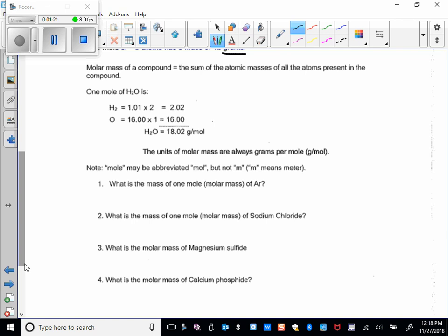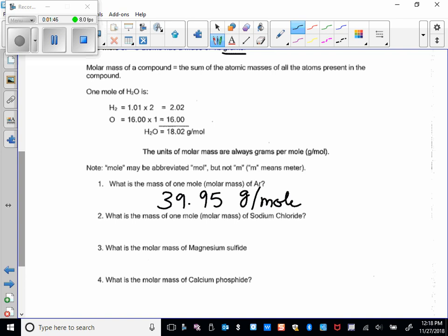So what do we do? We go to the periodic table. What is the mass for argon written as? 39.948. Yes or no? We're going to report it as 39.95, 2 numbers past the decimal, and it is so many grams per mole.